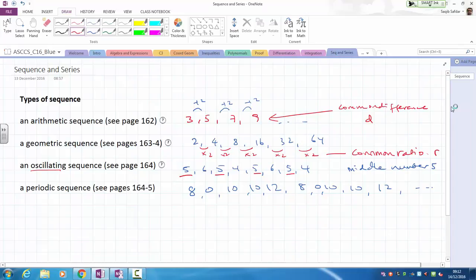After every 5 numbers, the cycle repeats, and therefore this has a period of 5. After every 5 numbers, the whole pattern repeats. Okay, is that okay? So that's what we mean by sequence.